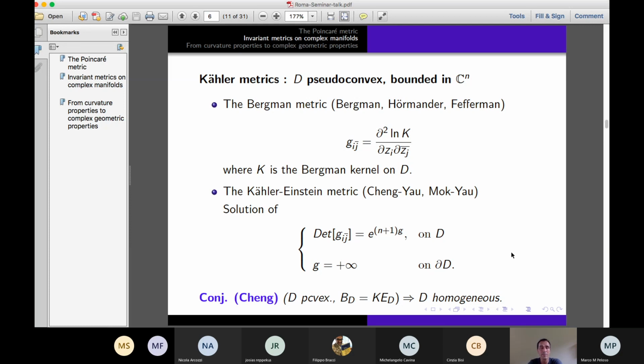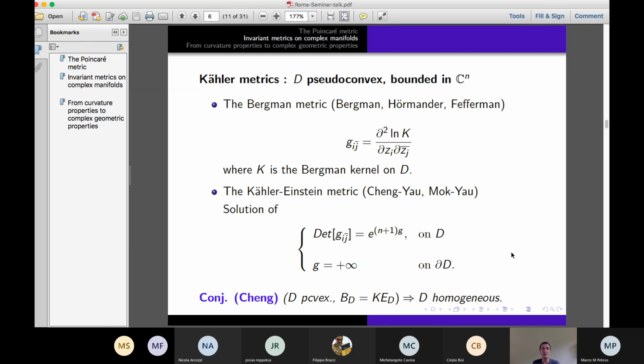Now, of course, I defined two kinds of metrics, Finsler metrics on one side and Kähler metrics on the other side. But you can ask, are these metrics the same? Are they different? On the disk, there is only one metric with a prescribed curvature, and it's the Poincaré metric.